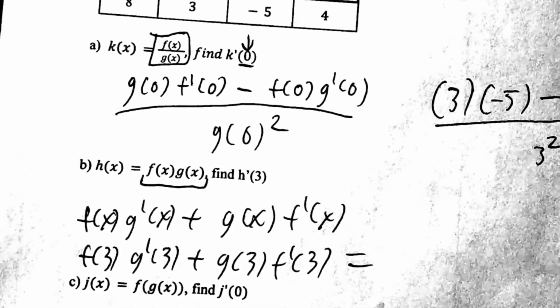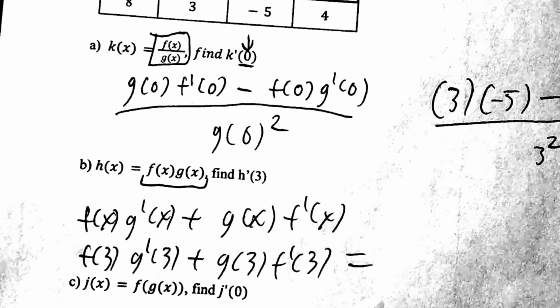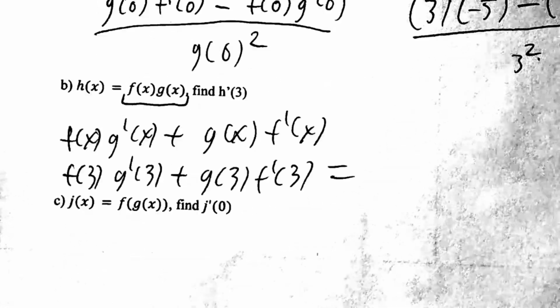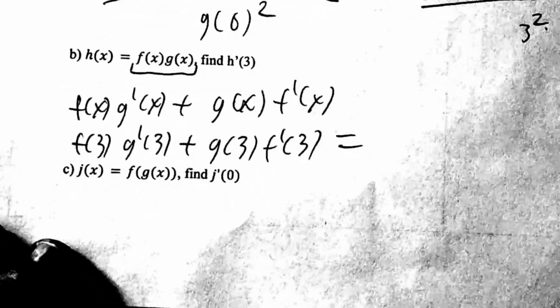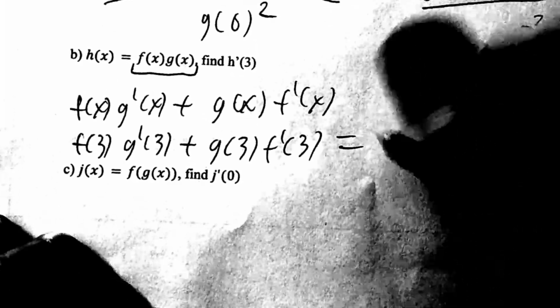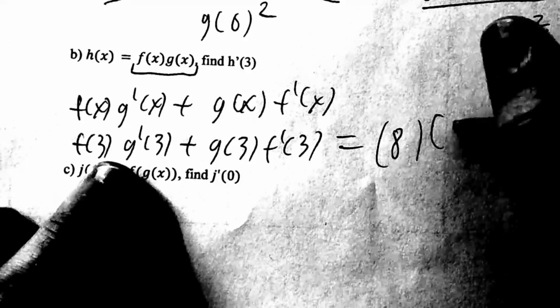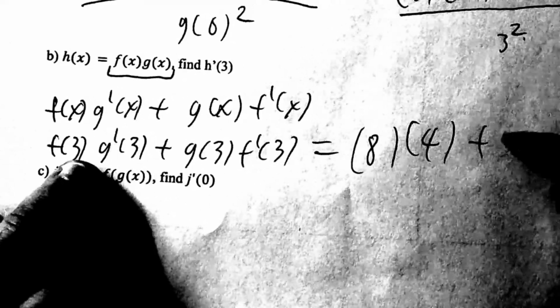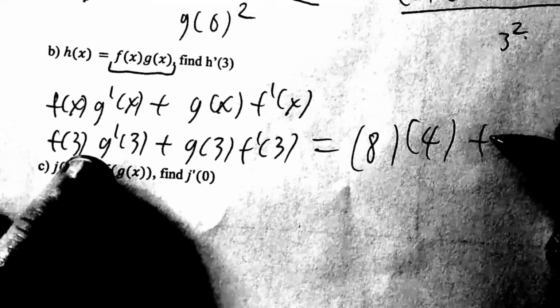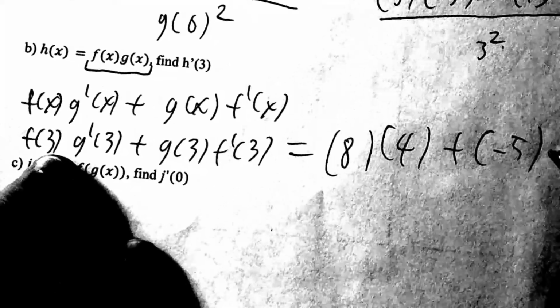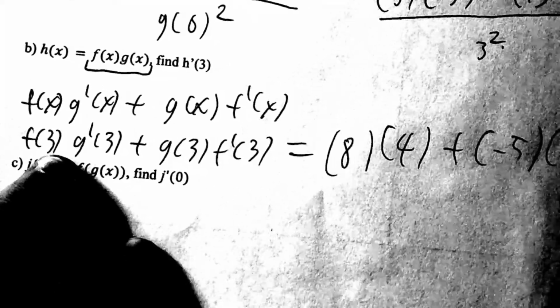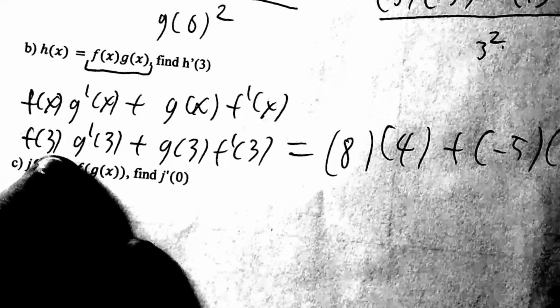So f of 3 is 8. The derivative of g at 3 is 4. Plus g of 3 is negative 5. And then derivative of f at 3 is 3.